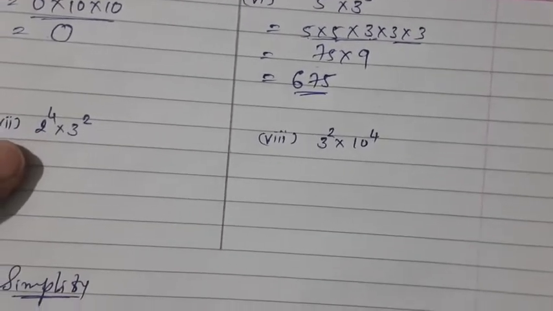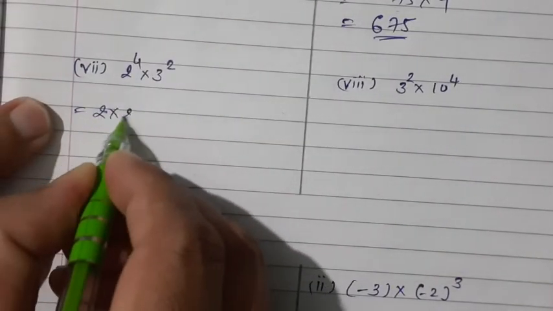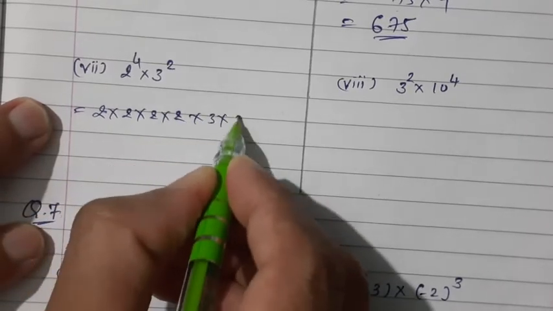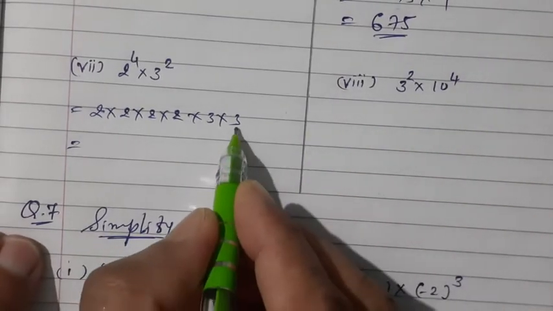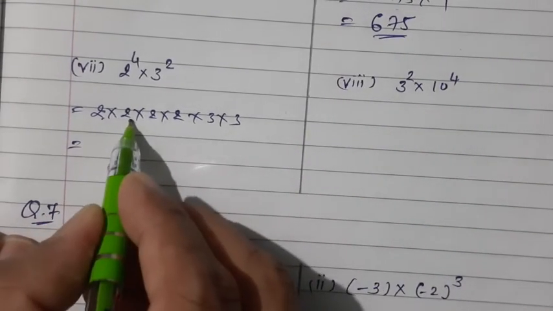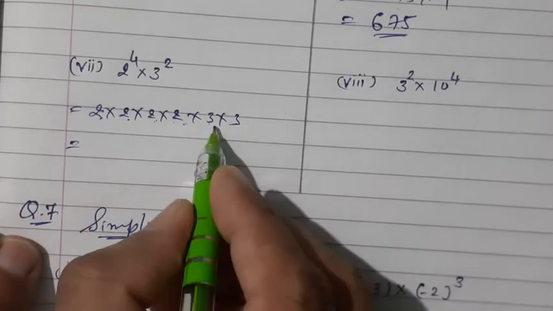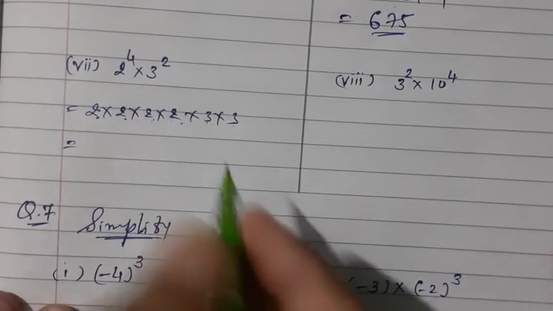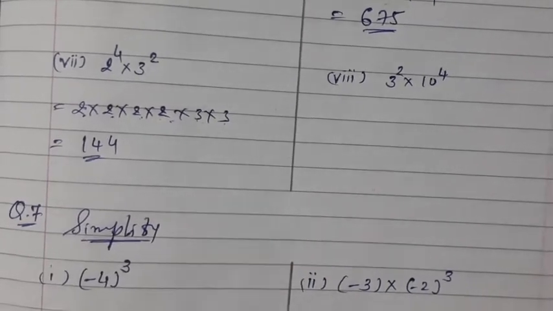Now 2 raised to 4, 3 square. So 2 raised to 4 means 2 into 2 into 2 into 2 into 3 into 3. Look, 2 twos are 4, 4 twos are 8, 8 twos are 16, 16 threes are 48, and 48 threes are 144.